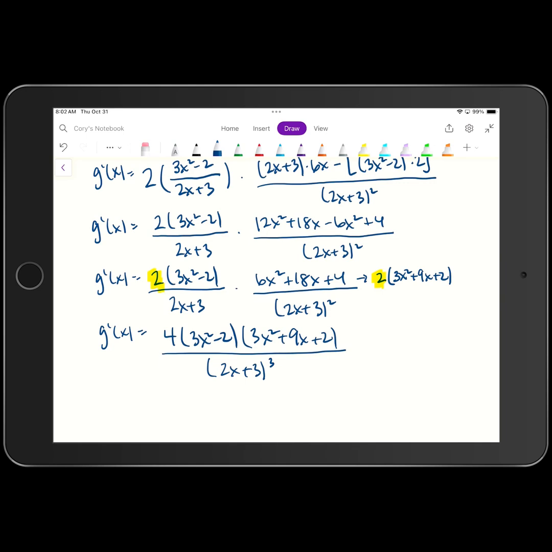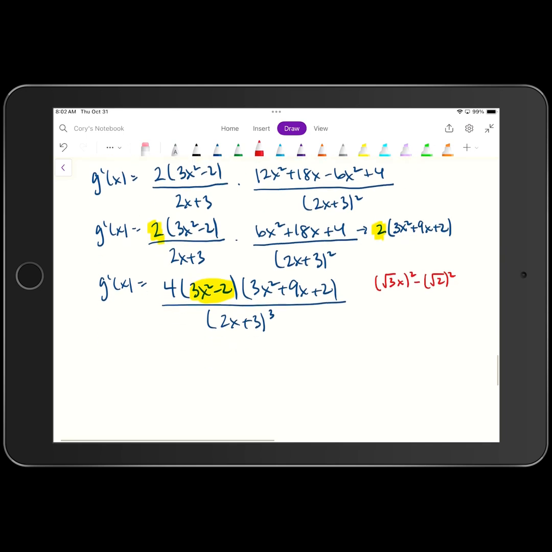And then the last step, if I want to factor this completely, when I look at this quantity right here, 3x squared minus 2, I can actually think of that as the difference of two squares. I can rewrite that as rad 3 times x quantity squared minus rad 2 quantity squared. So I can factor that as the difference of two squares.